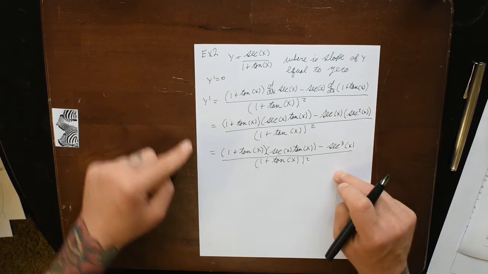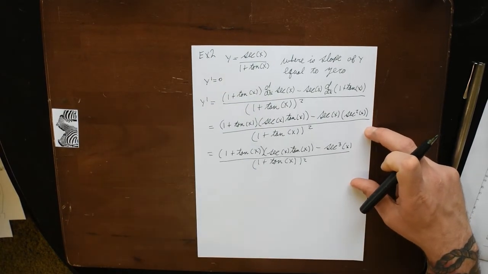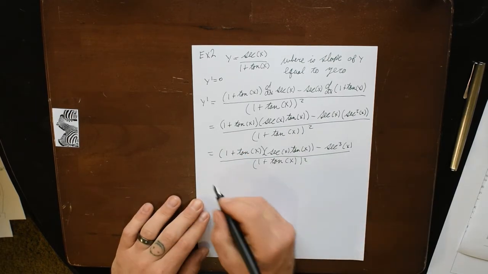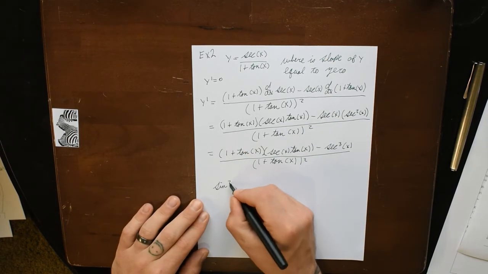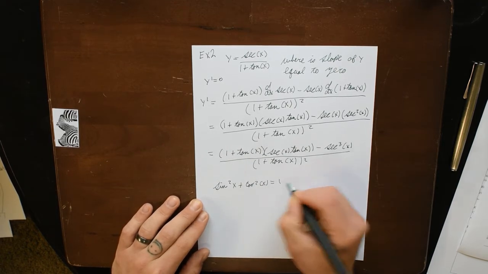But what we want to do is take this one step further and figure out where this thing equals 0. Now it's kind of tricky with the way it's written, but we're going to use the fact that the sine squared of x plus the cosine squared of x is equal to 1.